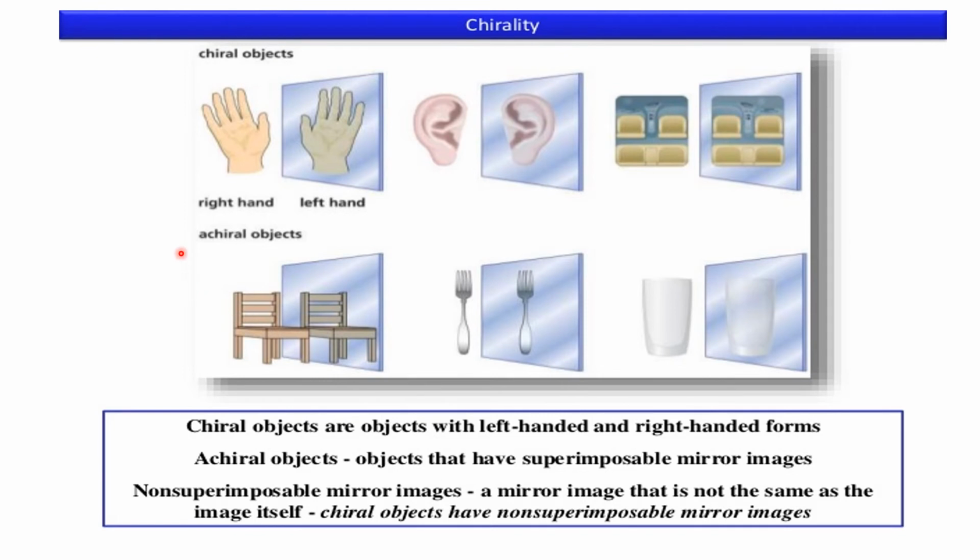Hence, it is an example of an achiral object. Molecules which have chirality, that means molecules which form non-superimposable object mirror images, exhibit optical isomerism. Or we could say any molecule with chirality shows optical isomerism.